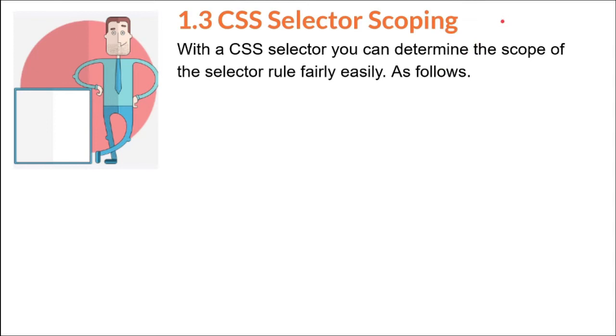Okay, CSS Selector scoping. With a CSS Selector, you can determine the scope of the selector rule fairly easily. By scope, we mean how many items the CSS Selector rule applies to. Sometimes it may only apply to one element in the HTML page, sometimes it may apply to multiple elements.